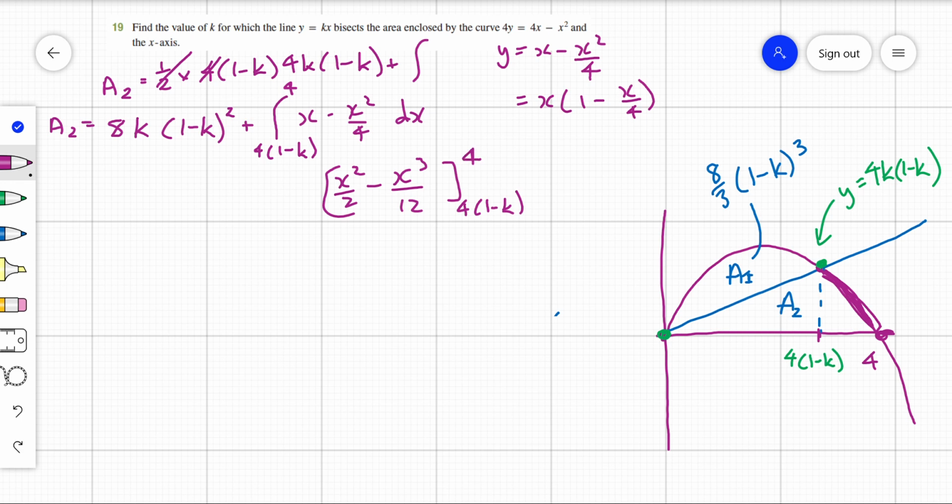Alright, so if I sub in, well, let's do the same thing just because. X squared on 2, if I factorise by that, I'm going to get an x on 6 here.